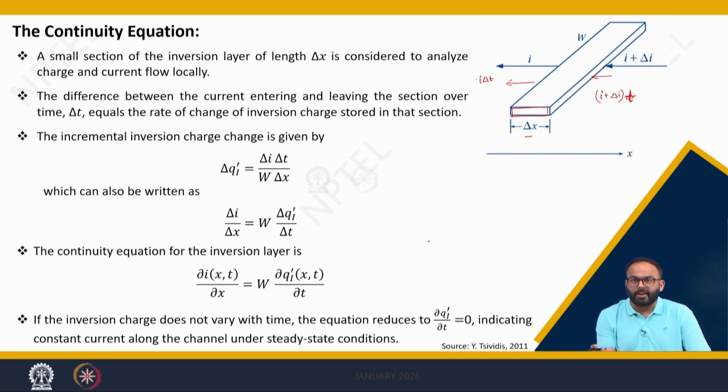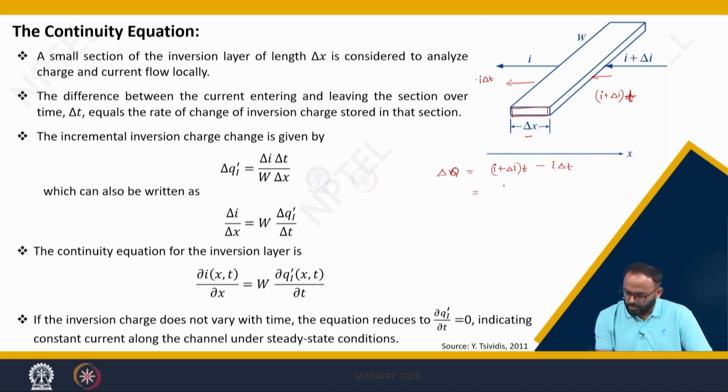So we can simply find, based on the conventional continuity equation, the total charge in that chunk. It is delta q equals (I plus delta I) into t minus I delta t, right?